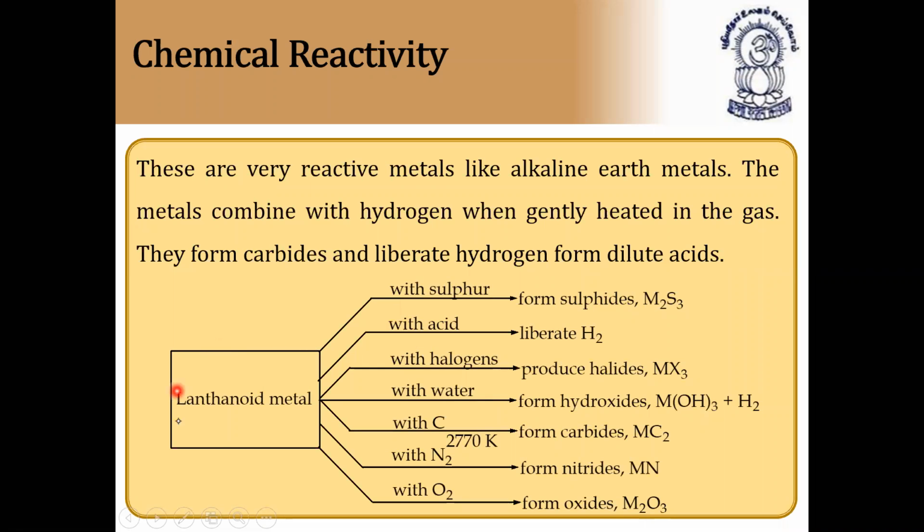Here we have given a flow chart so that you can easily understand. Any lanthanide metal with sulfur forms a sulfide, with formula M2S3.